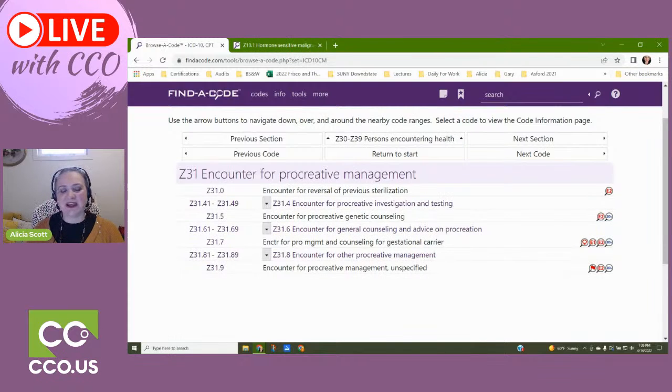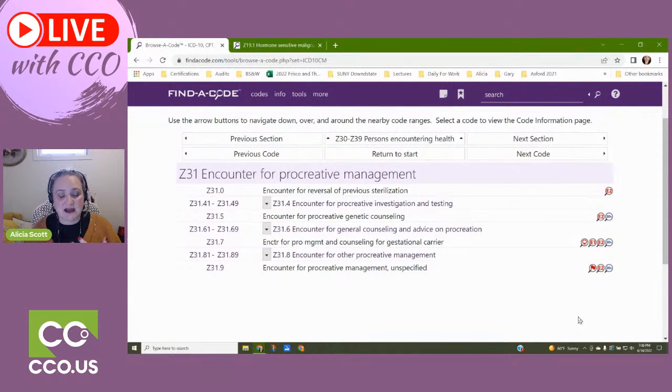You're welcome. Yeah, these are fun, but the idea, like I've said many times, and I don't want you to get annoyed with me saying it: sometimes we don't know what's available to us in the code set until we're exposed to it. And Z codes are the classic example of part of the ICD-10 code set that is underutilized.